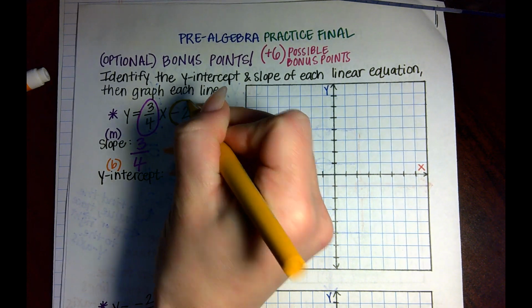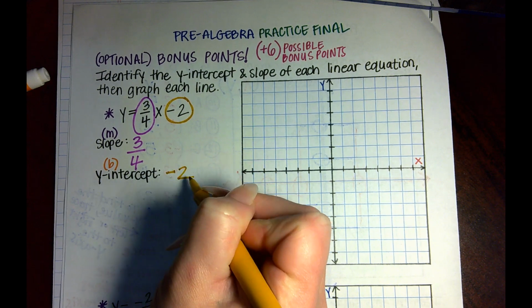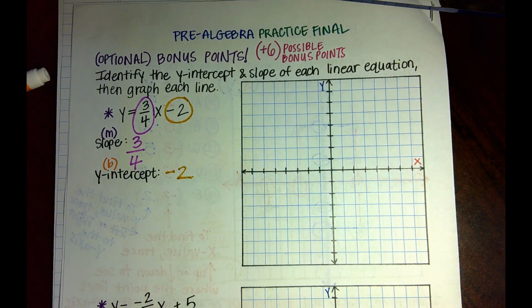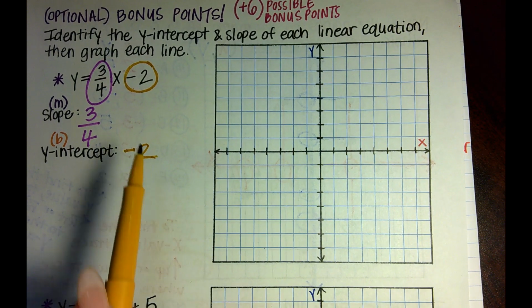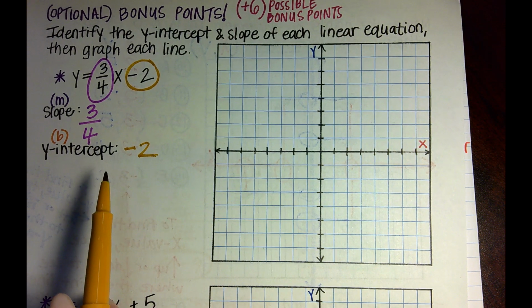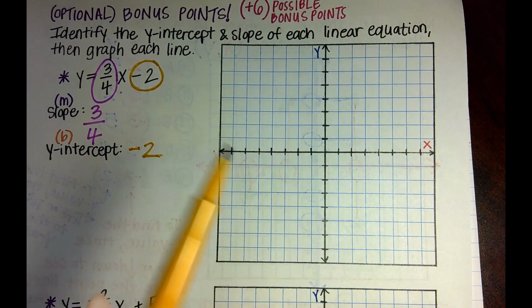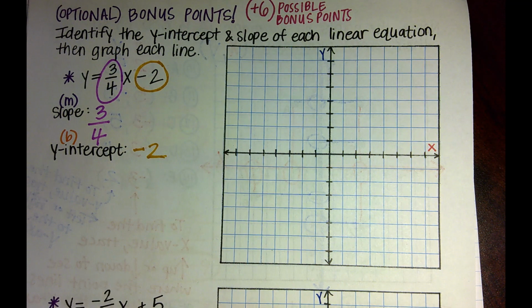Negative 2. So we have our slope and our y-intercept. Just doing this part will give you bonus points. Even if you're not confident about the graph, if you can at least get the slope and the y-intercept, you can get some bonus points.